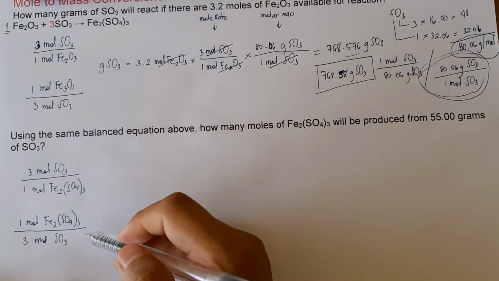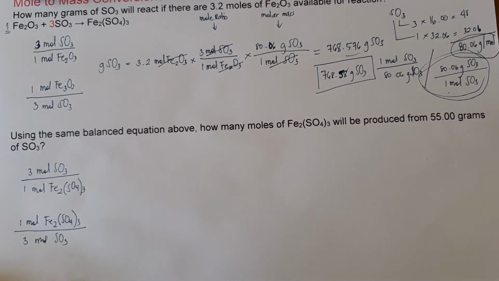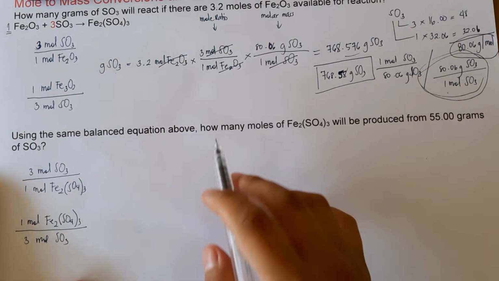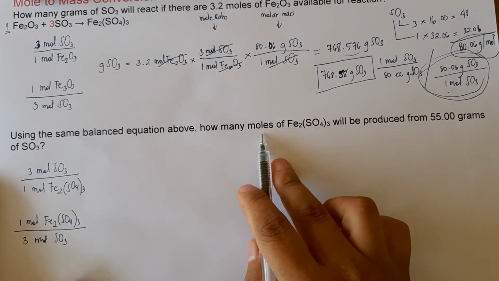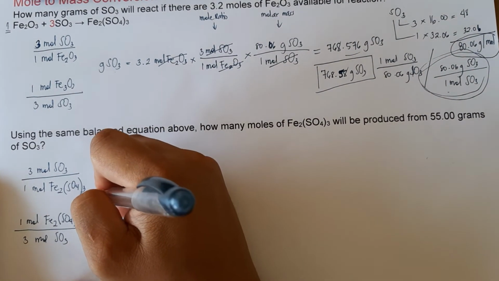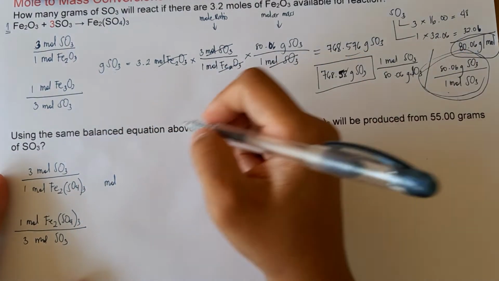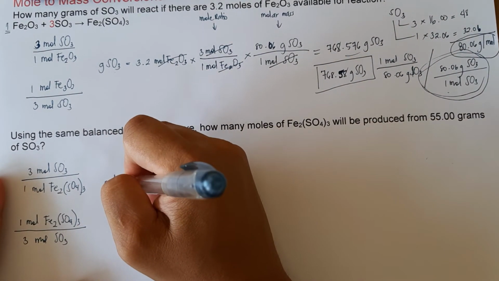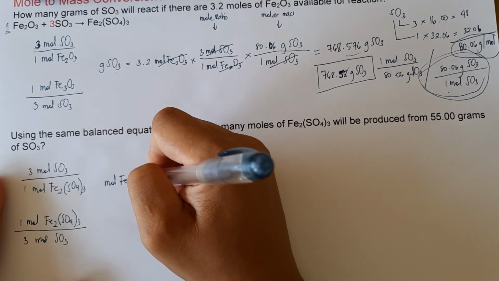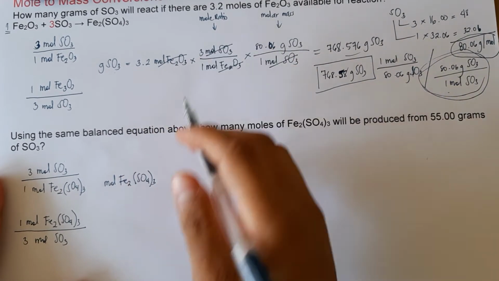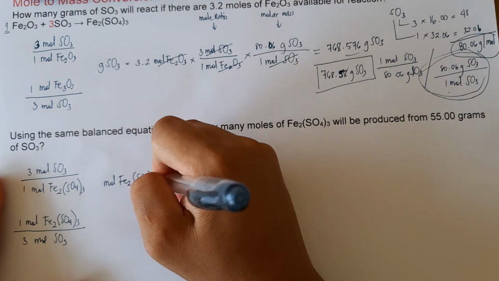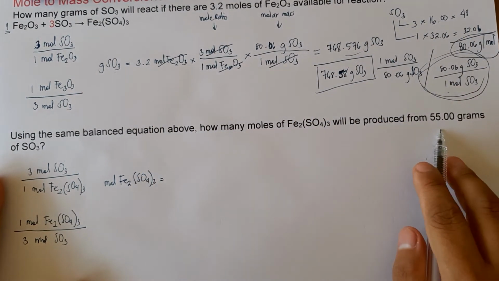Isa sa dalawa yung gagamitin natin. So, let's try to solve. Ang hinahanap natin, number of moles nitong isang ito. So, moles Fe2(SO4)3 is equals to, our given is 55 grams.